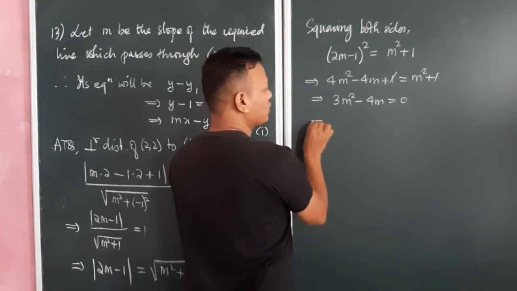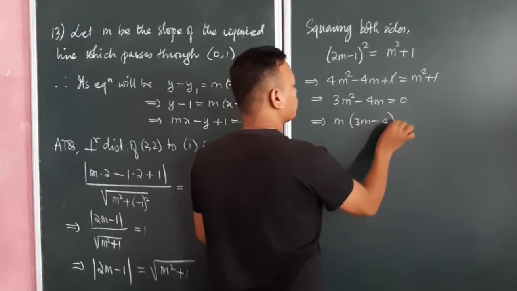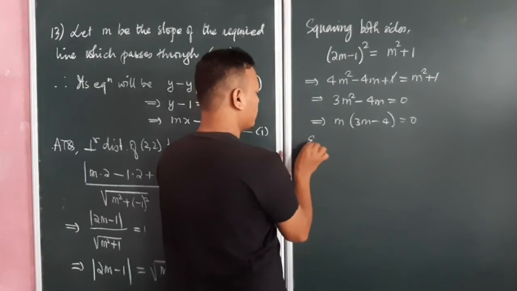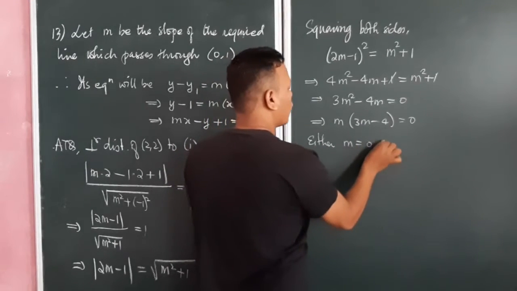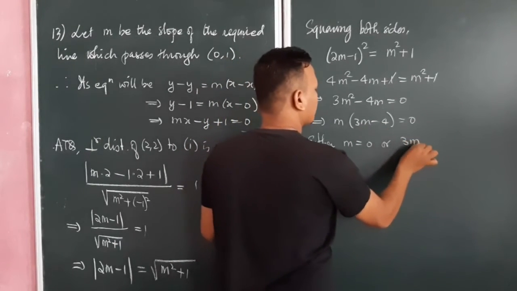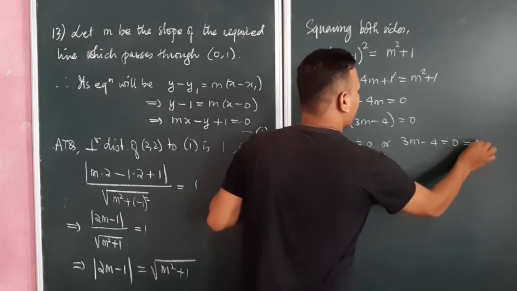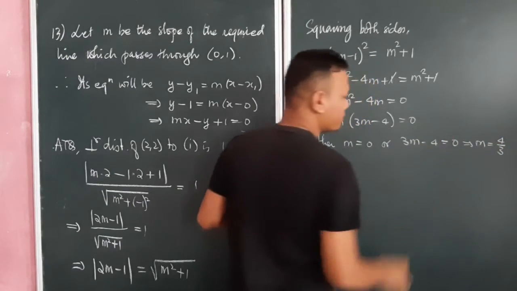What is common here? m is common, so we have m(3m minus 4) equals 0. We got two factors, so either m must be 0 or 3m minus 4 must be 0. From here m will be 4 by 3.